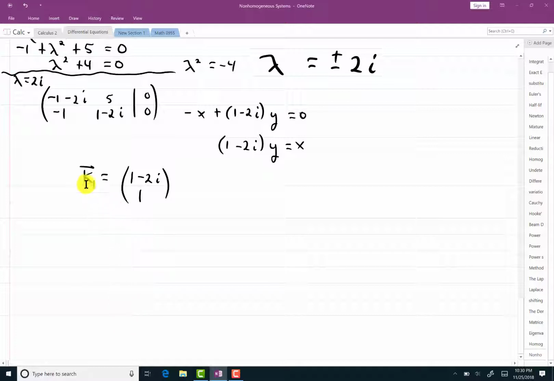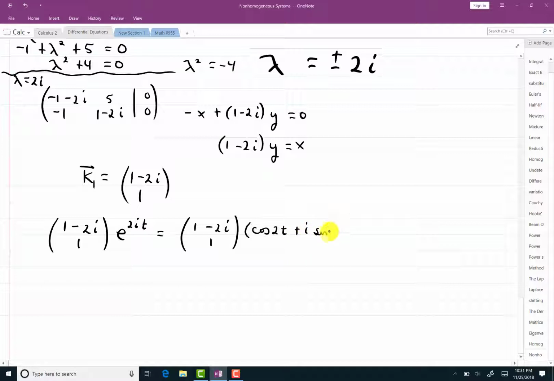You can actually get both vectors by just doing my e to the 2i. 1 minus 2i, 1, times e to the 2i t. That'll equal 1 minus 2i, 1, times cosine of 2t plus i sine of 2t.